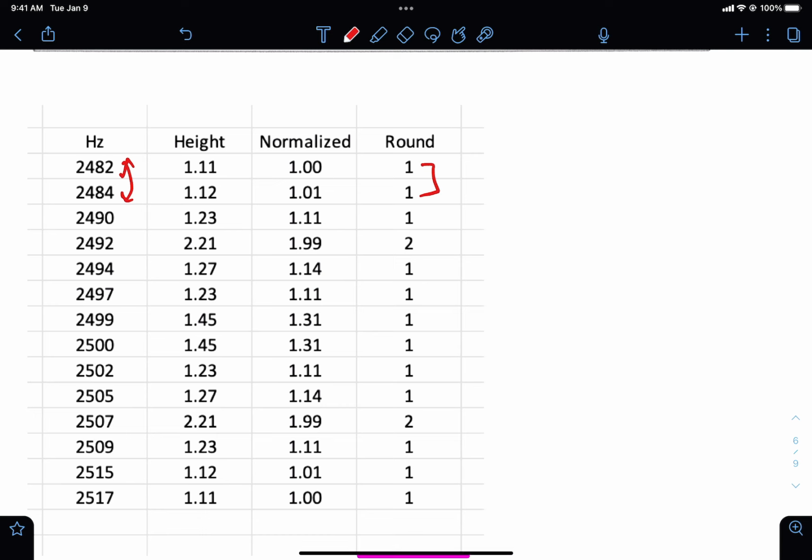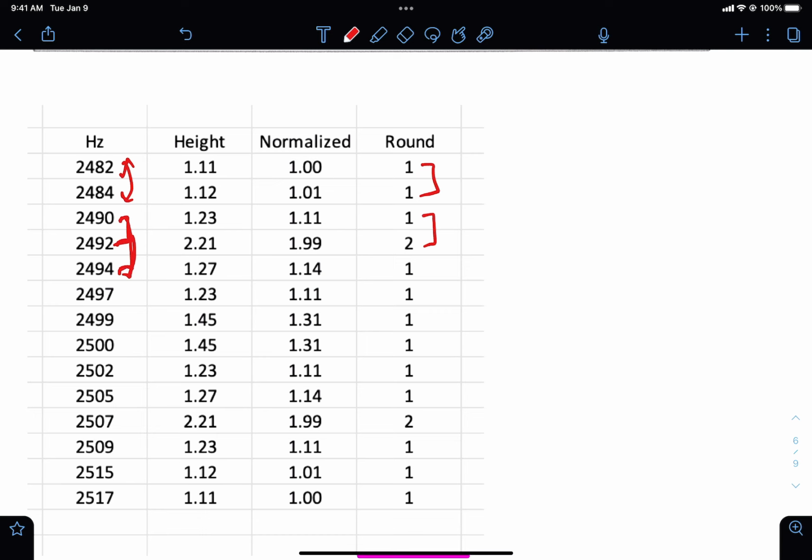Now, if you look at the signals, we have a 1 to 2. And you say, well, that's not a doublet, right? A 1 to 2 would be a triplet. But if you look more carefully, there's 2490 to 2492, and then we also have 2492 to 2494. So if we're looking for doublets of 2, you can see that those are really 2 doublets, and they share the 2492 signal.